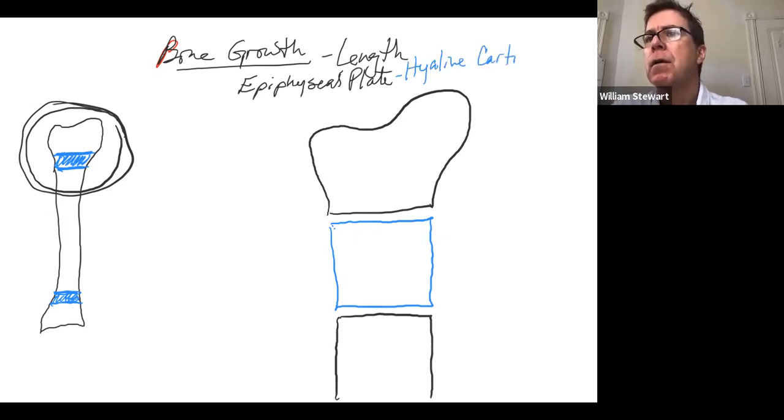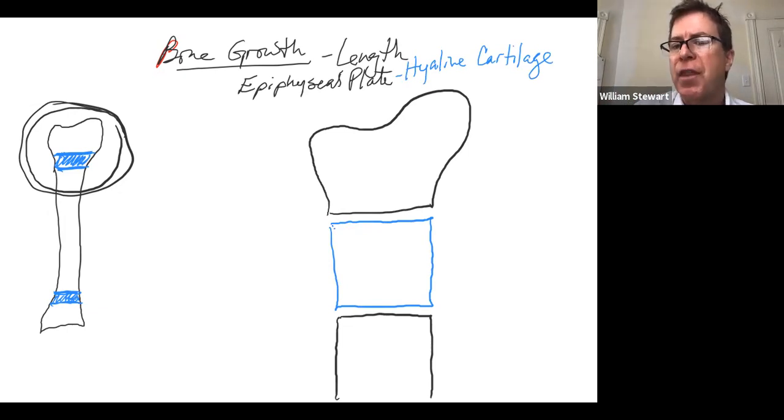So in young children and adolescents that still have physical growth to do, there are these cartilage plates at the ends of most of our long bones. And there are zones within that plate. And then there's another zone sort of here.